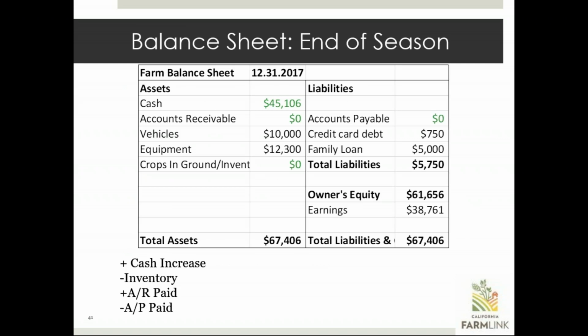Megan, if you go to the next slide, you can see his balance sheet at the end of 2017. So you can see that his cash on hand is $45,106, and that is a function of the sales that he had in 2017 and the expenses that he had, which in part included liquidating his inventory.